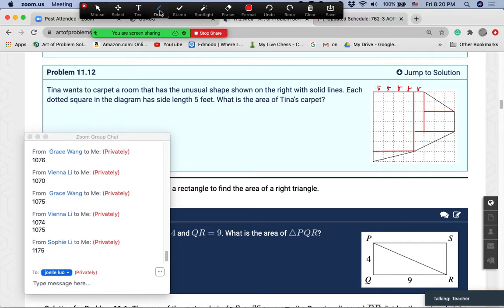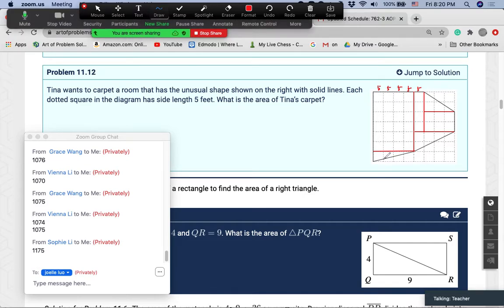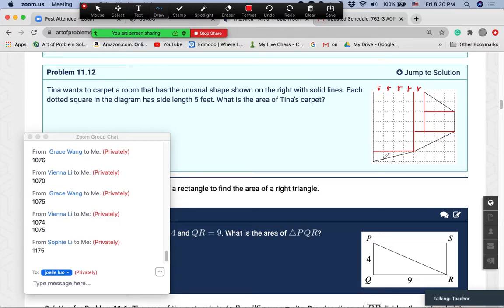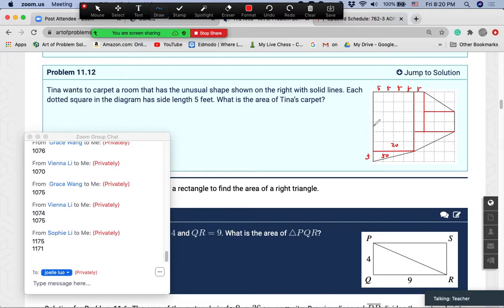Now let's calculate this small rectangle. This is 5. This one, 1, 2, 3, 4. So base is 5. This height is 20. So the area of this triangle is 50, right? 5 times 20, then divided by 2, 50. Then this rectangle, 1, 2, 3, 4, 5, 6. 6 times 5, that's 30.